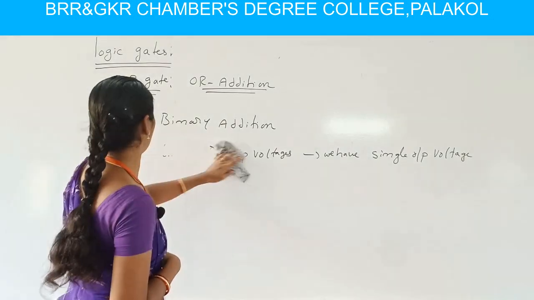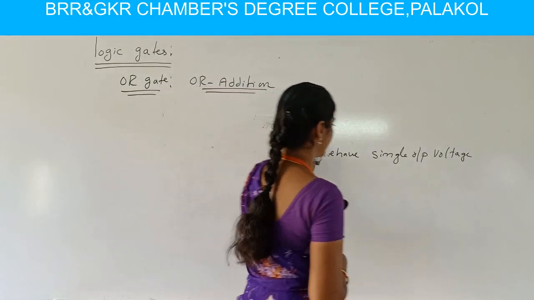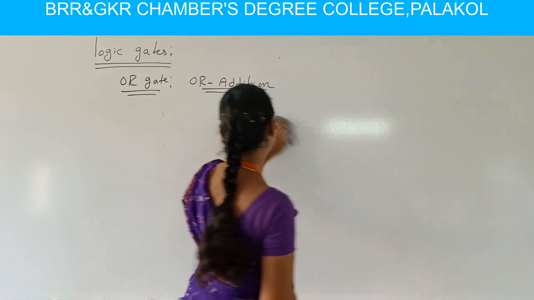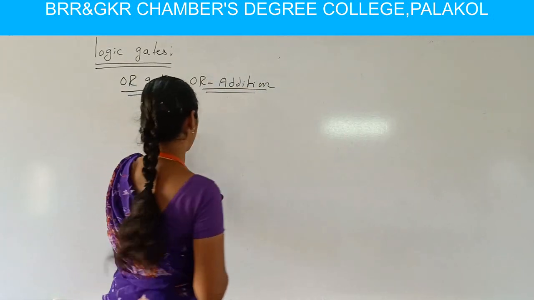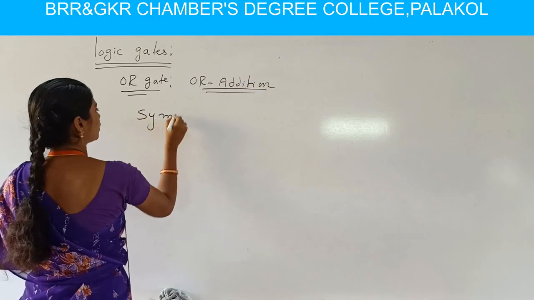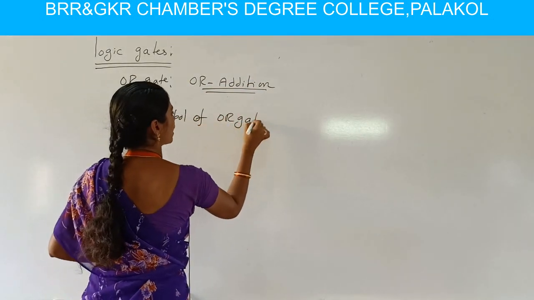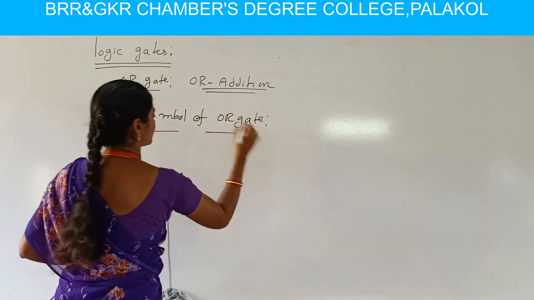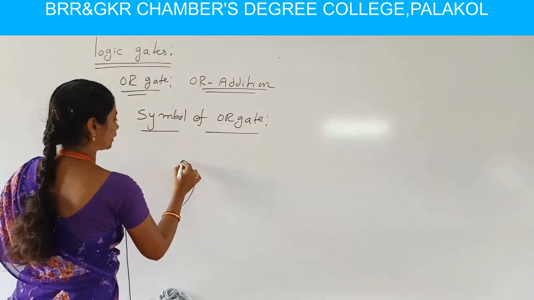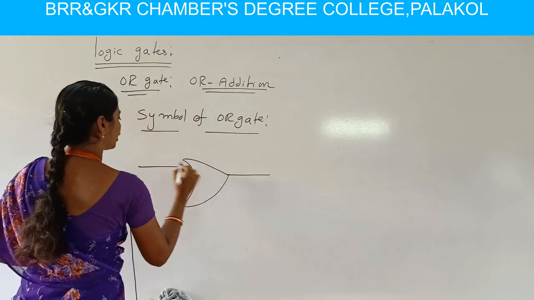So by constructing this OR gate we have this circuit symbol. The symbol of OR gate is as follows. OR gate consists of 2 or more inputs.